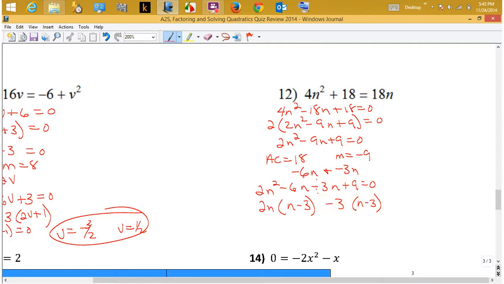So that'll be a negative 3. And let's just check that. A negative 3 times n is a negative 3n. Negative 3 times a negative 3 is plus 9. So that matches with what I have. So I'll have 2n minus 3 times n minus 3 equal to 0. n is equal to 3 halves. n is equal to 3 for the second term.